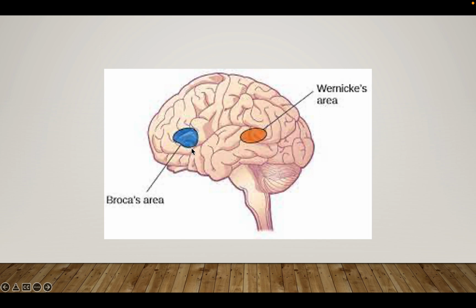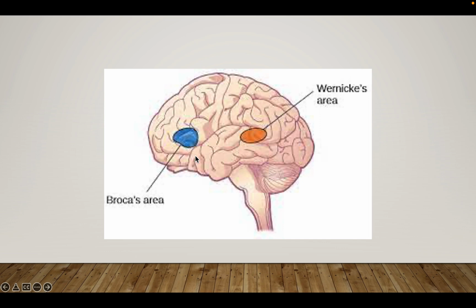And again, you can imagine that all over the surface of your brain, so all of your cerebrum, you have blood vessels. You have blood vessels branching from a network of vessels on the ventral surface of your brain called the circle of Willis. And some of those stretch out here all along your brain. And there's one that kind of runs in this region here called the middle cerebral artery.